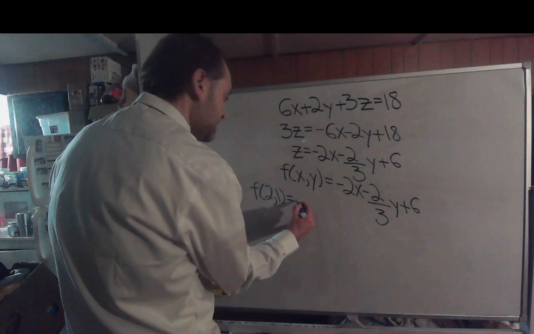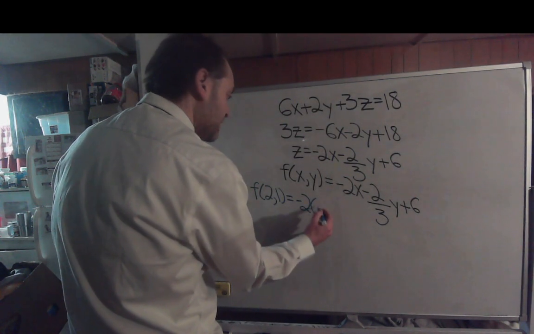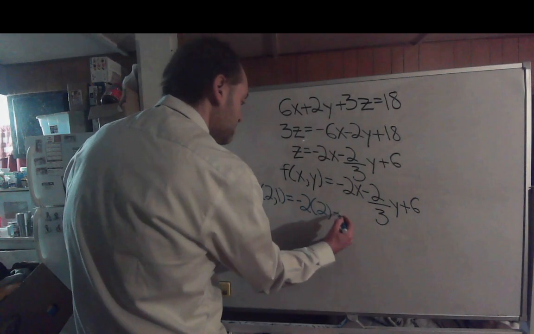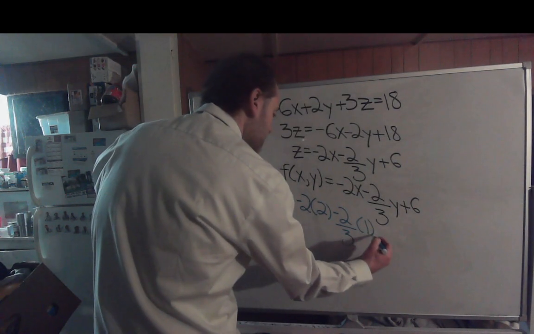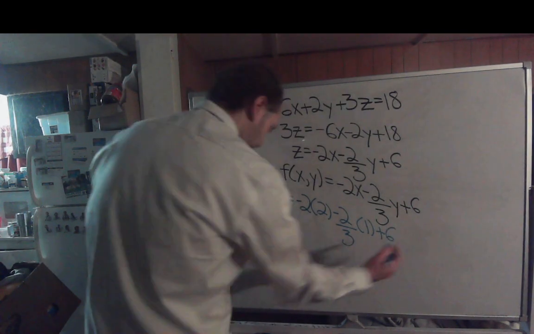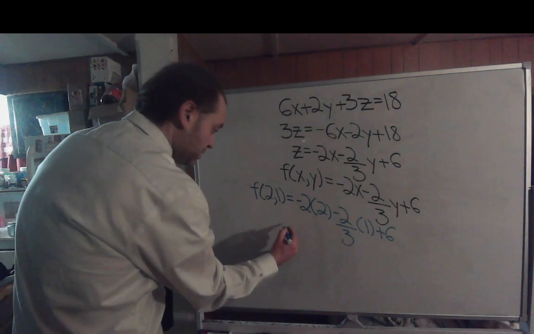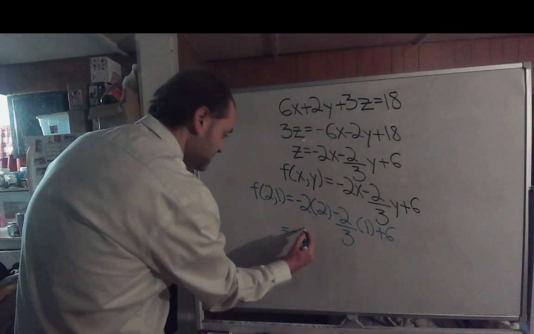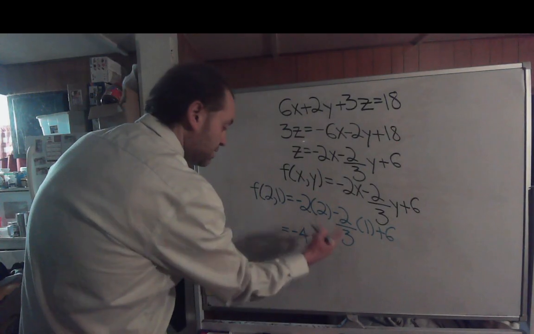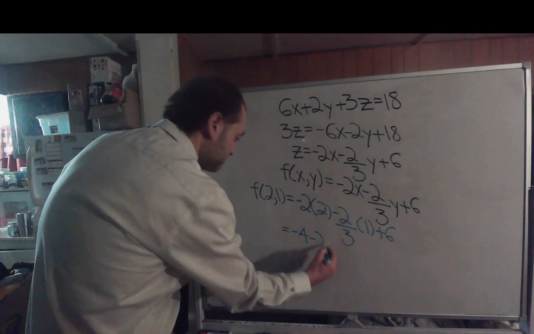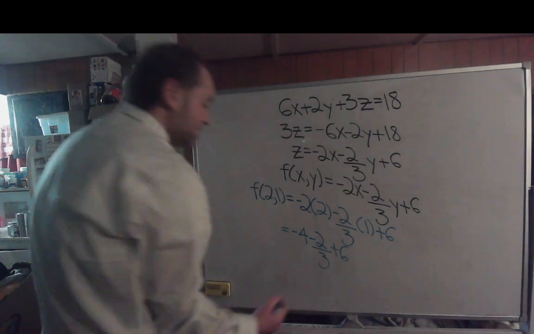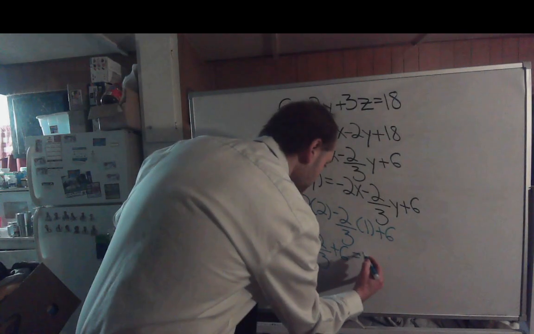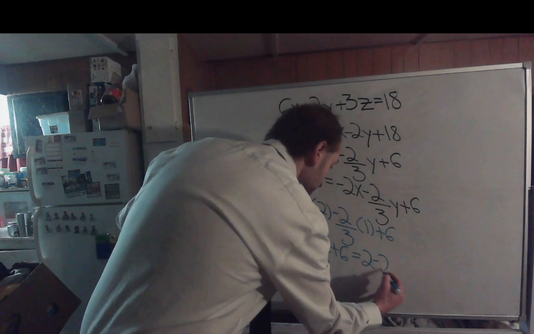So you would take that negative 2 times your x value of 2 minus 2/3 times your y value of 1 plus 6. Well, negative 2 times 2 is negative 4. Minus 2/3 times 1, that's minus 2/3 plus 6. This could simplify into 2 minus 2/3.